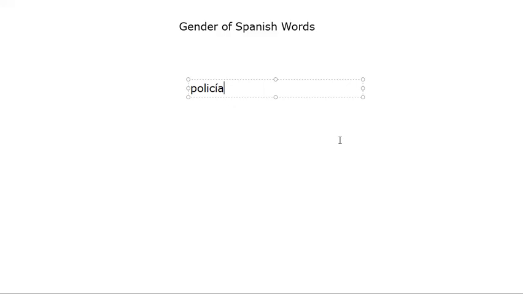Or if it's a woman, la policía. Several profession words end with ista, and they are the same way. So we could have el dentista or la dentista. We could have el artista or la artista, and so forth. So quite a few of these kind of profession words end with A, and we just have to use the article, the word for the, to tell us whether it's a man or a woman.